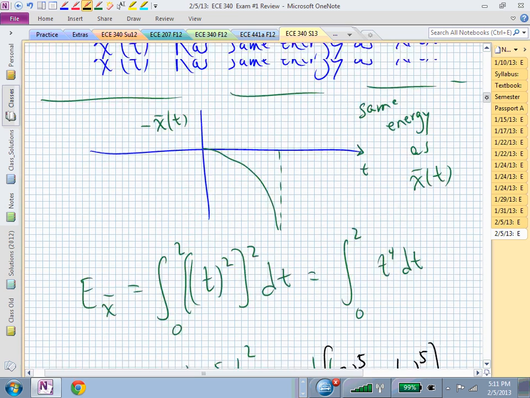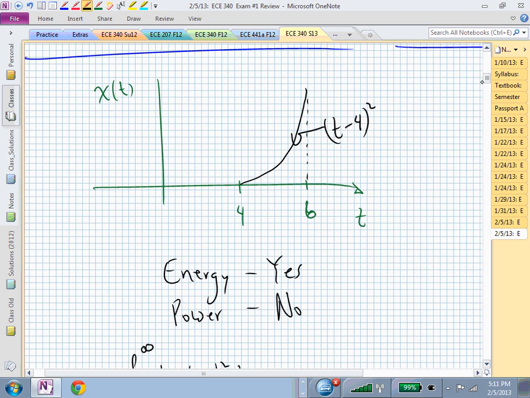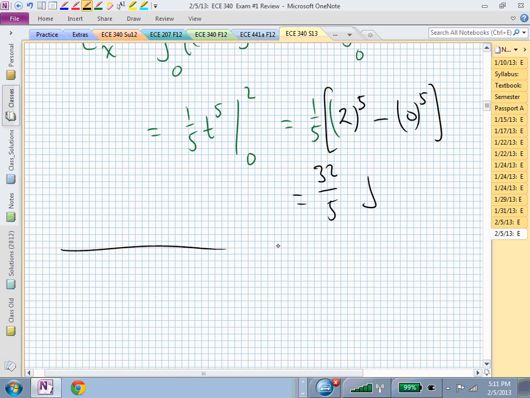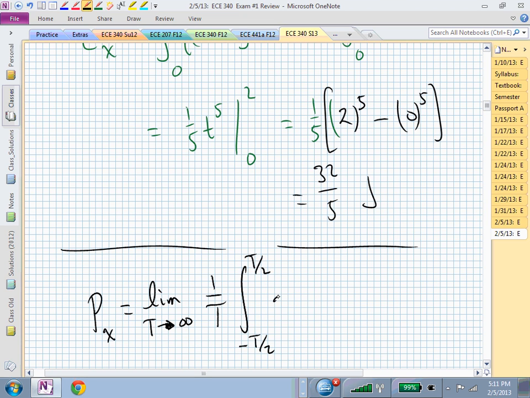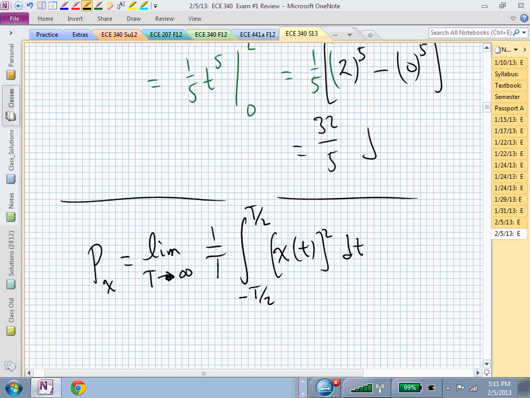So now if we wanted the power in x of t, this is the limit as t marches off to infinity of 1 over t, integral from minus t over 2 to t over 2 of x of t quantity squared dt. But in terms of what piece of that integral is non-zero, it's not very big, is it?